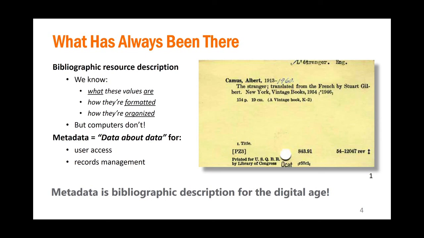A computer does not have the same natural ability as a human mind to infer what each of these pieces of information represents. A computer needs to be told what this information is. So metadata, we can really consider it as bibliographic description that's been adapted for the digital age.